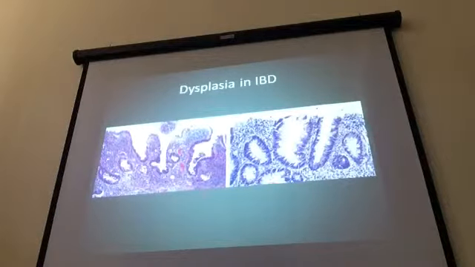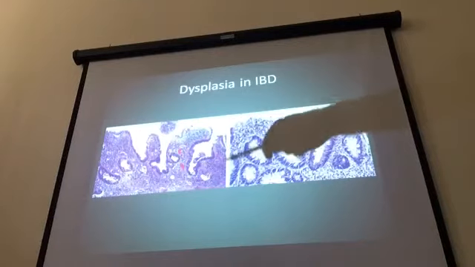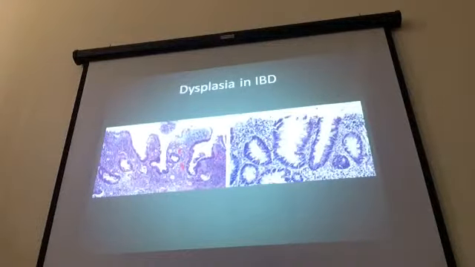It's a difficult diagnosis to make because the background inflammation can also mask the appearance of the cells and make it difficult to say, is this reaction or is this true dysplasia? So again, it's sometimes high magnification to see, are these really dysplastic nuclei or is this just a reaction?